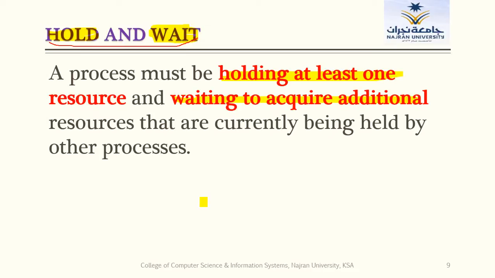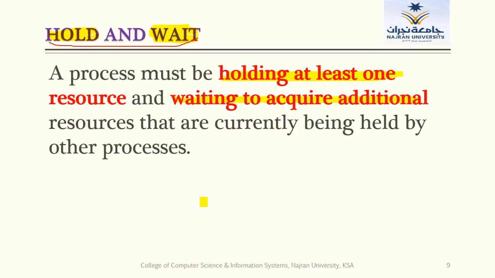If I say that I will not release this resource until I get the black color, this is called hold and wait. The ideal situation is that whatever I am holding, I must release, and then I request for another. So this is the situation: request, use and release.